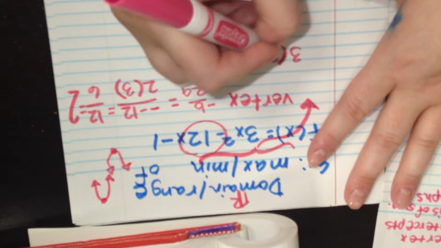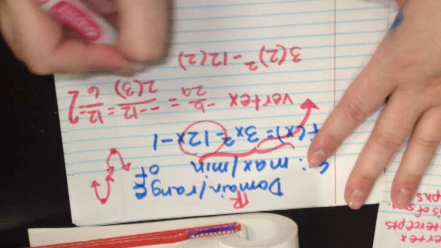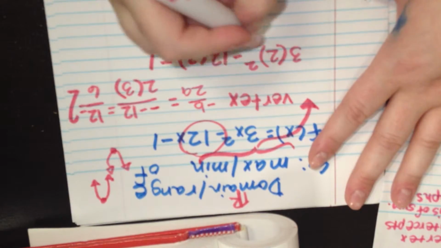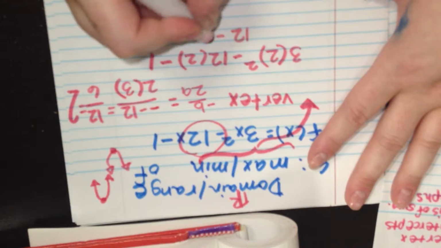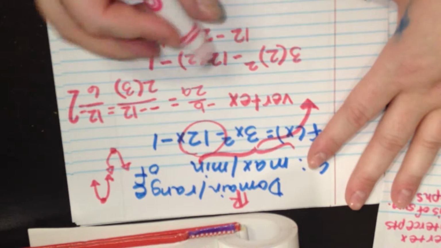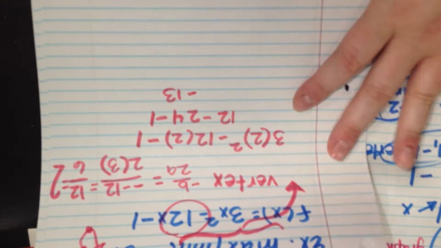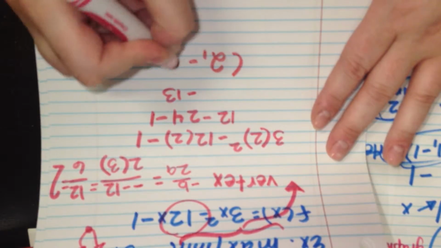So we have 3 times 2 squared minus 12 times 2 minus 1. And then when we do this, we get 12 minus 24 minus 1. I think that's negative 13. Yeah, it is. Okay, so my vertex is 2 comma negative 13.